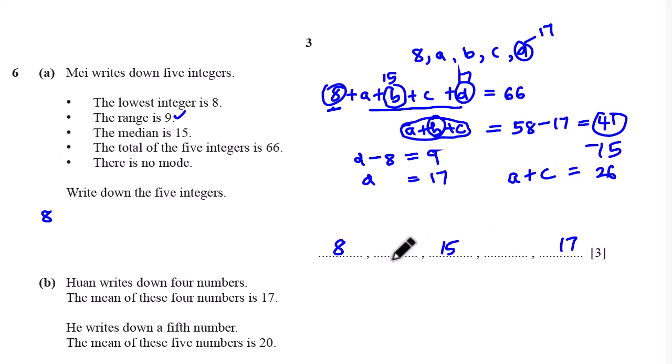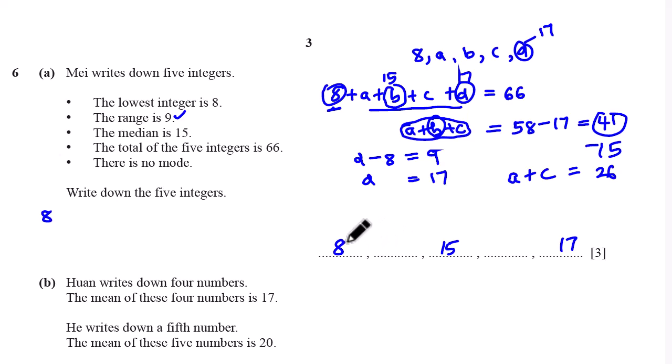So how do you share 26 between this number and this number? Was there anything given regarding the distance between these two numbers? If there's no such pattern, we can look at what two integers can be added to give us 26, such that it follows this pattern.